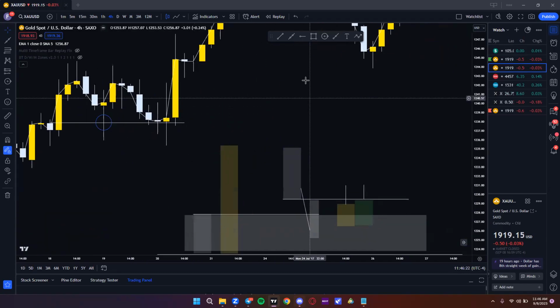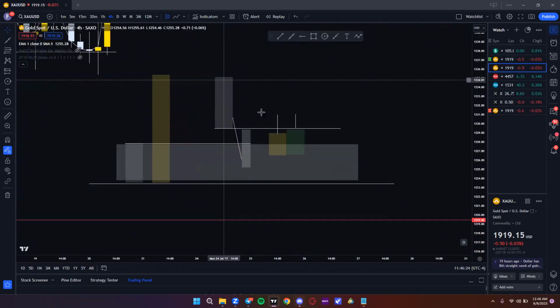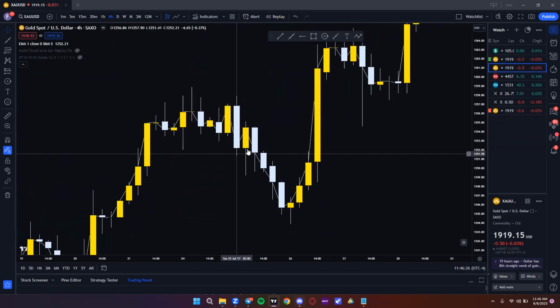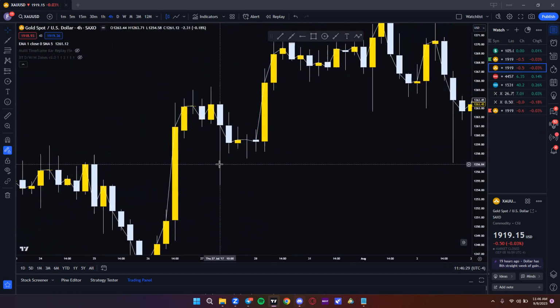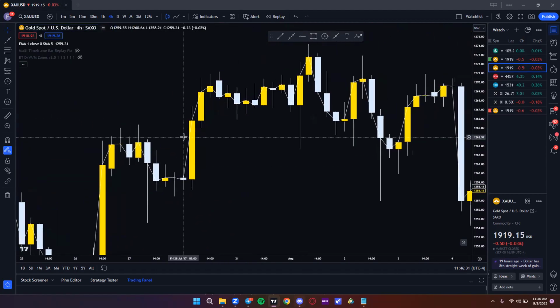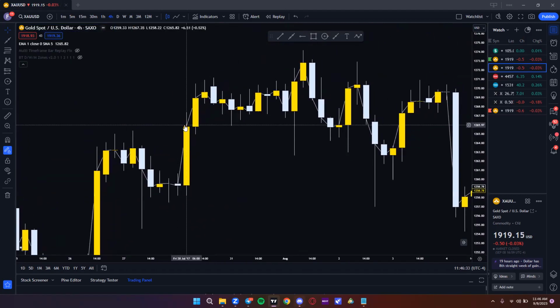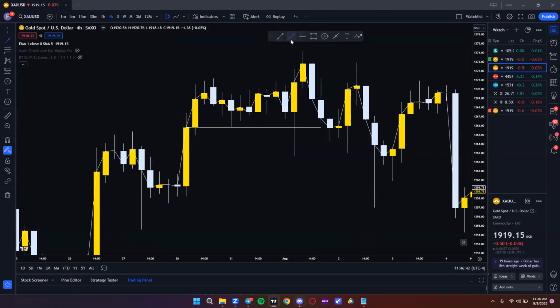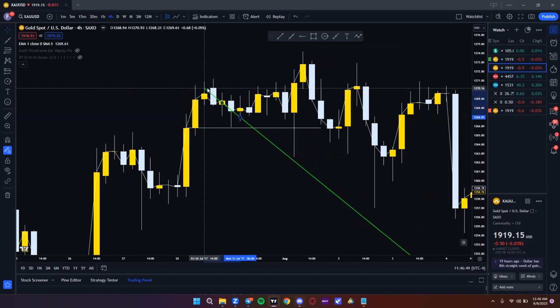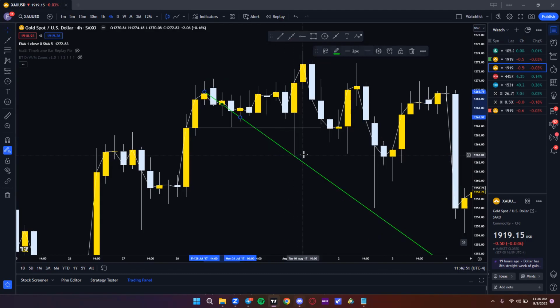But confirming the level is important. And we'll look at some more examples right now. So even just like this, you would then find a trend line, something like that, and then you would get a really tight entry like that.